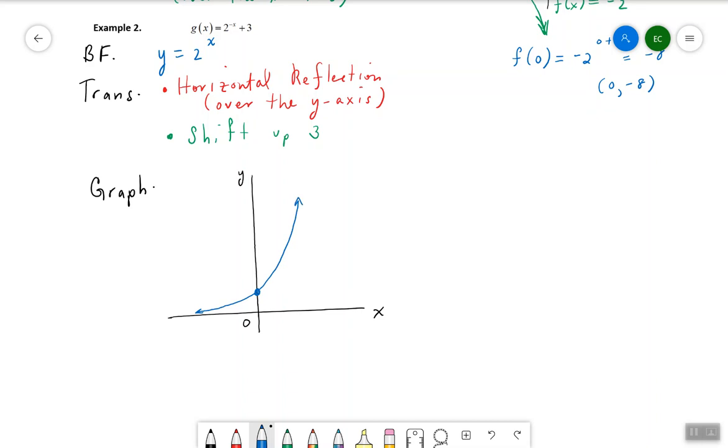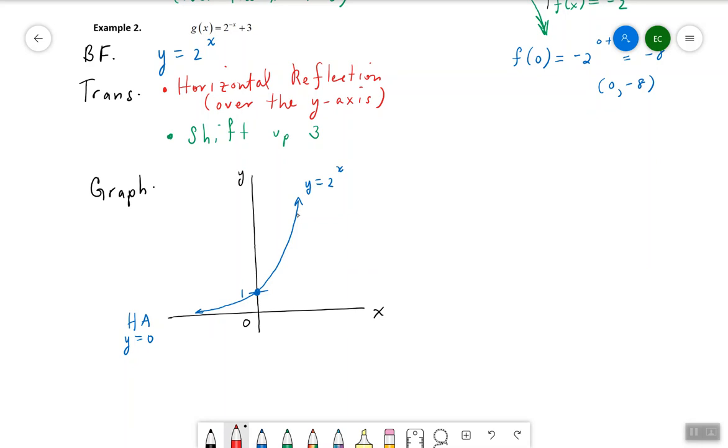And we can label the horizontal asymptote at y equals 0 and the vertical intercept at 0, 1. And then we can even write y equals 2 to the x up there. Okay, and then we can go ahead and reflect this thing horizontally.